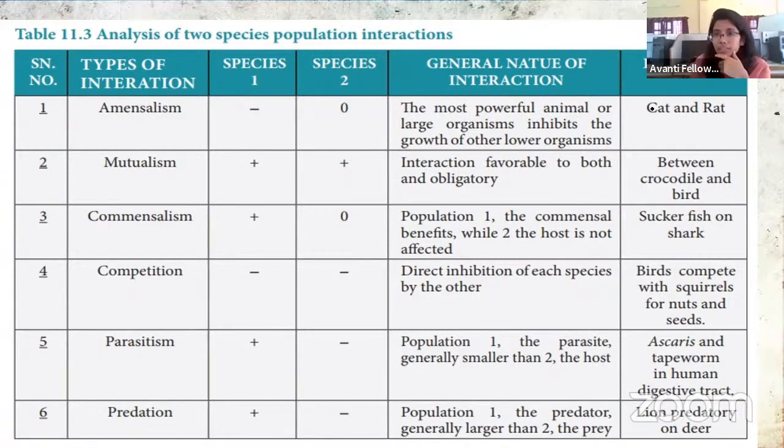The example is cat and a rat. Okay, so here what is going to happen? The most powerful animal or the large organism inhibits the growth of other lower organisms.